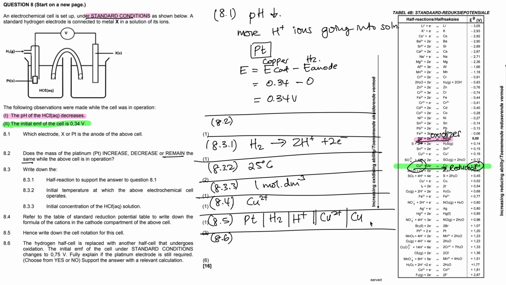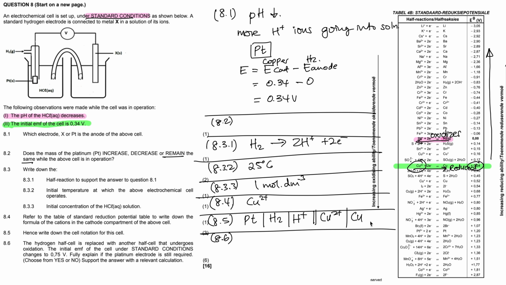Choose yes or no, and support the answer with a relevant calculation. So, in other words, this hydrogen is gone. But they tell us that whatever the cell is, it's going to be oxidized. So that gives us a clue that the cell that we're looking for is going to be above the green one.